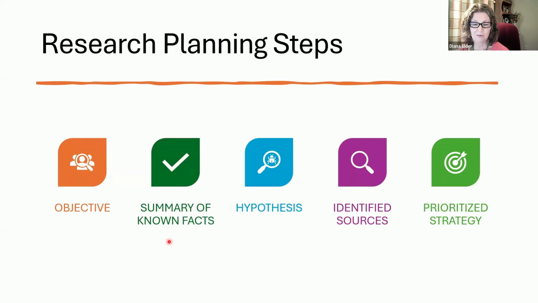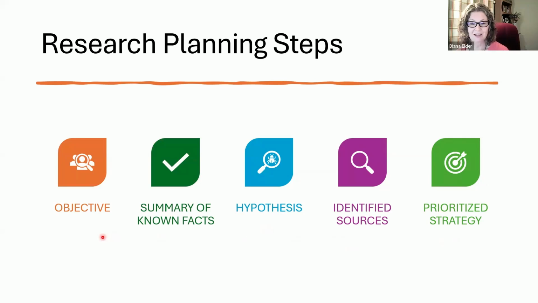Then, based on what we know and our objective, we can create a hypothesis: what we think happened, what we think our research will show, kind of our intuition, what we want to test, what we want to try to prove. Then we look at our locality guide and try to choose a bunch of different sources that might help us with this objective. And from those, we prioritize. So that's the basic way we do a research plan.